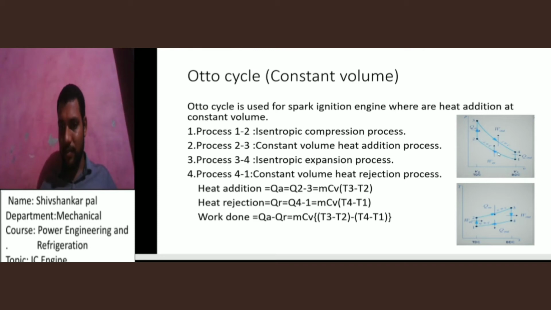Simply, the compression ratio is the volume before compression over the volume after compression. The volume before compression is V1, and the volume after compression is V2. That means the compression ratio is V1 divided by V2. That ratio is known as the compression ratio.